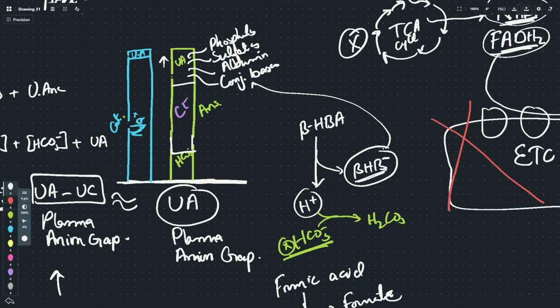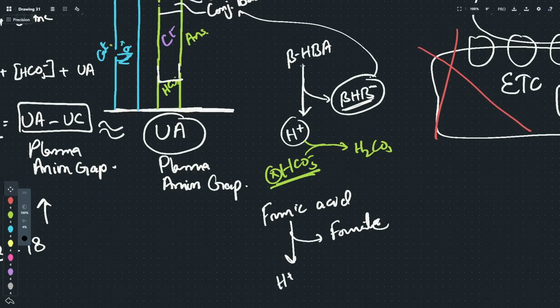Please understand and keep in mind this basic principle, the concept that I am teaching you. Don't try to memorize that in these scenarios there will be high anion gap and in those there will be normal. Try to understand the core logic of this.